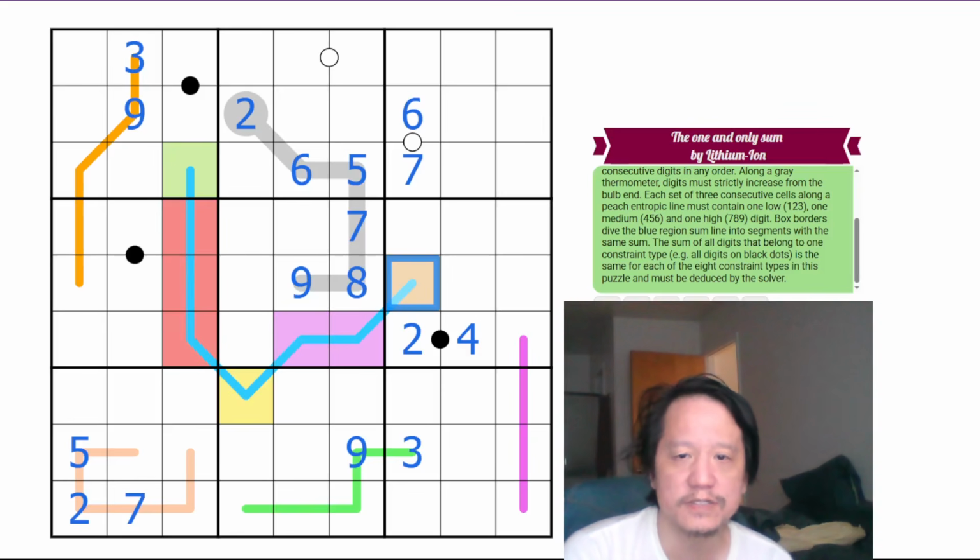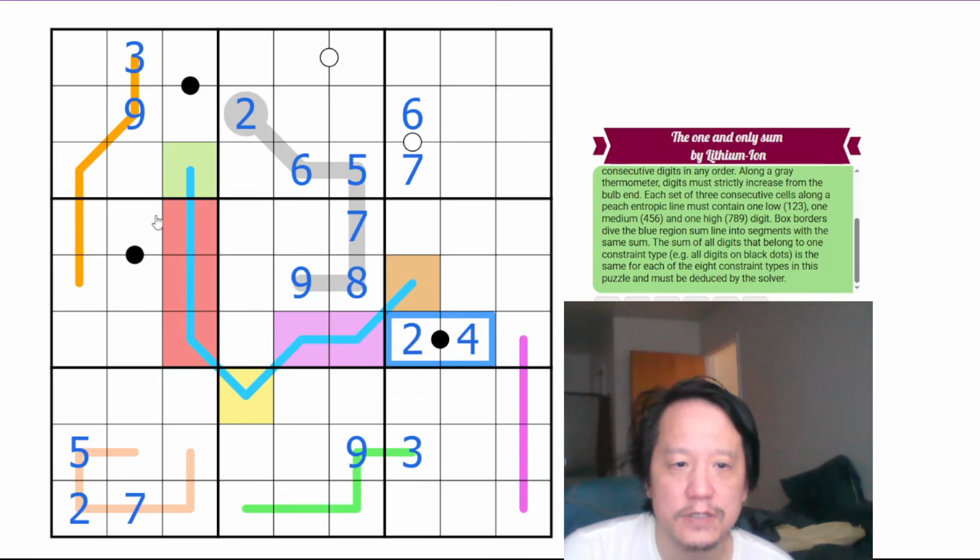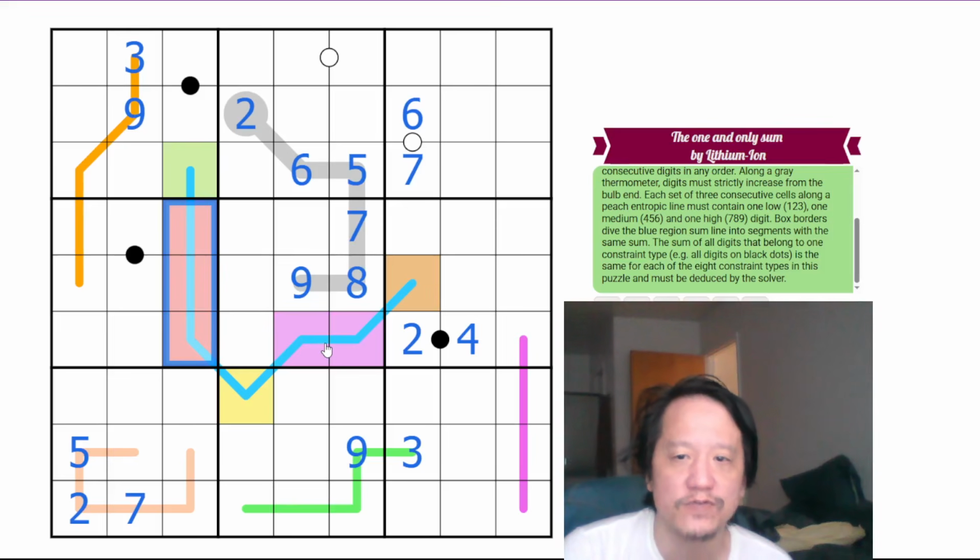The sum of all digits that belong to one constraint type, for example, all digits on the black dots, is the same for each of the 8 constraint types in this puzzle and must be deduced by the solver.